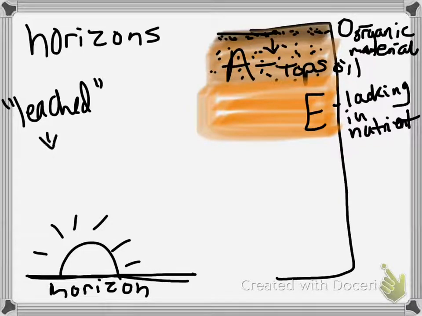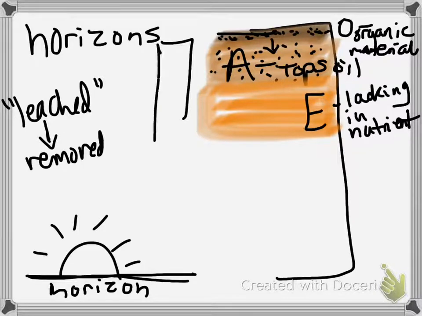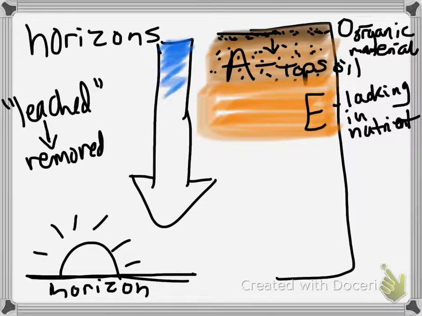That means they've been removed by water as it goes down through the soil. If water lands on the surface, it's going to seep down into your soil. Might take a while, depending on how hard your soil is, but water comes down through the soil.